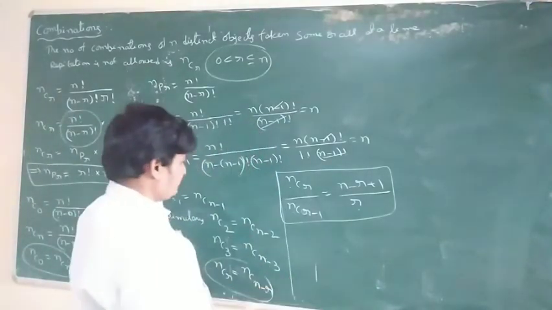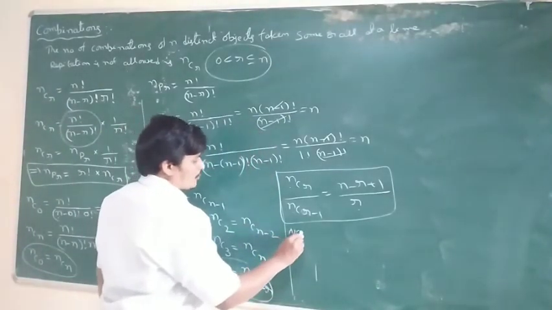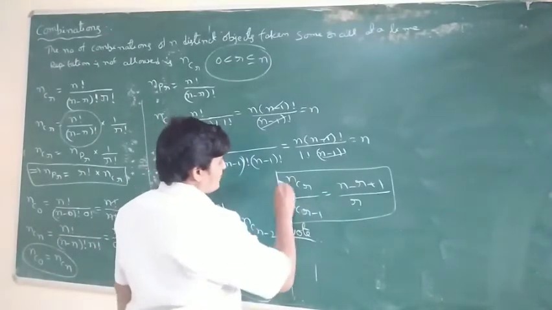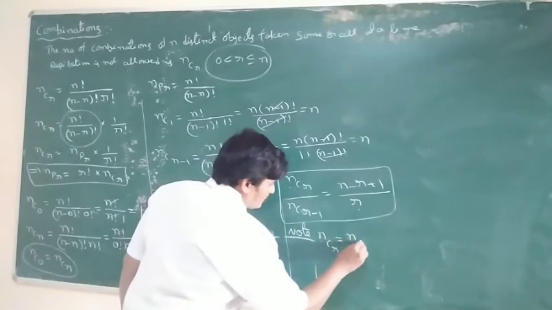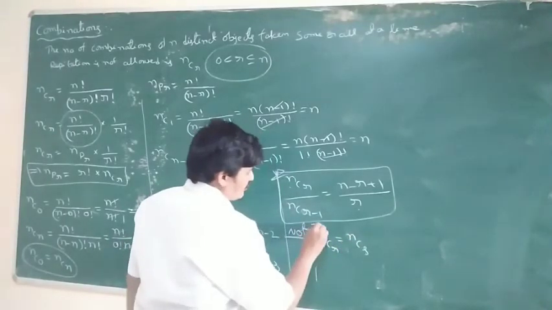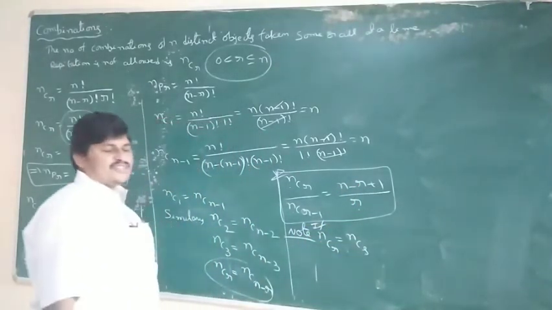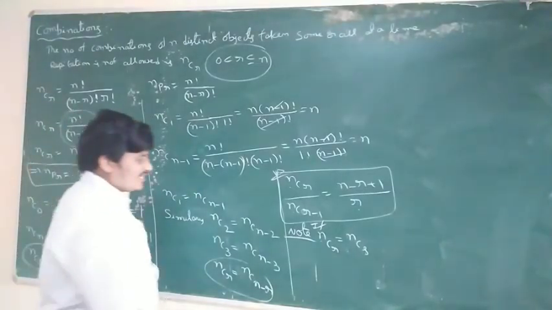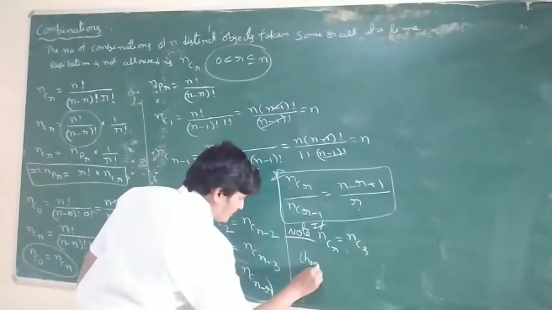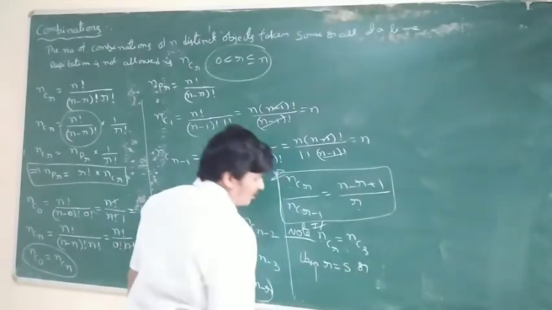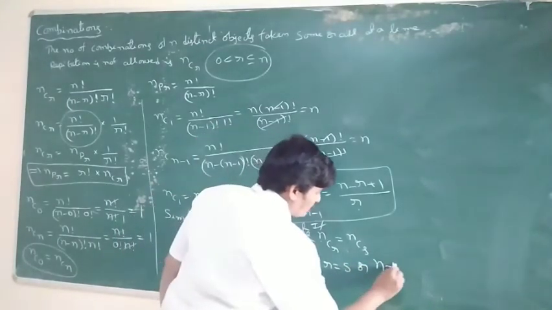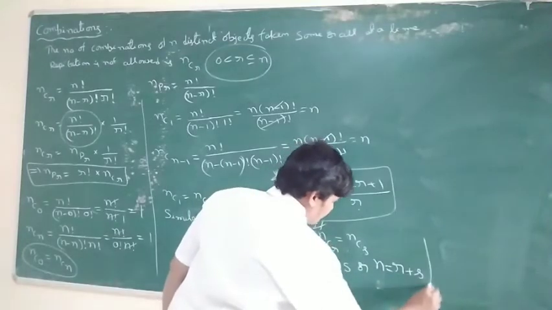Next one, very important note. If nCr is equal to nCs, then r is equal to s, or n is equal to r plus s.